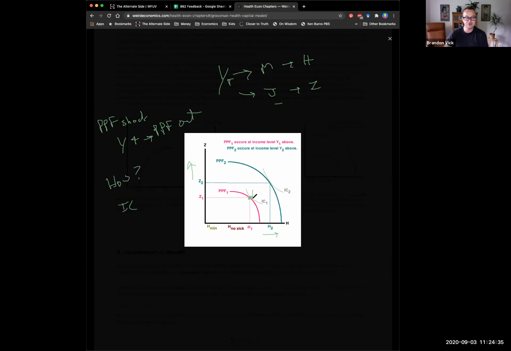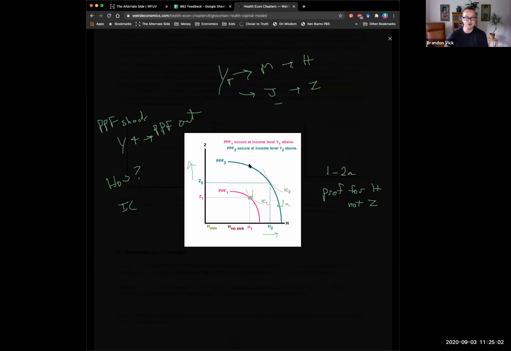I could move from 1 to, say, here, 2A. 1 to 2A means I have preferences for H and not Z. So we illustrate that could be someone's indifference curves moving to the right.